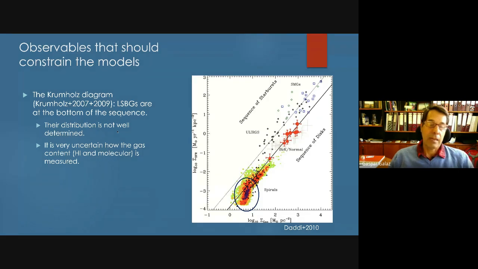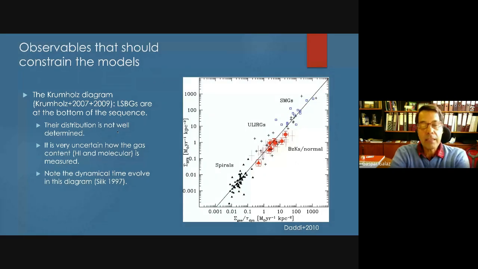This is important, so that could be studied with models. Also, I already talked about the molecular gas. Another thing that the models can constrain, because in the models you can see all the things turning around, is the dynamical time as a function of the stellar formation rate. Silk in 1997 showed that it's very important to constrain this to determine, for example, if the galaxy has time to evolve dynamically longer than, for example, the stellar formation rate.